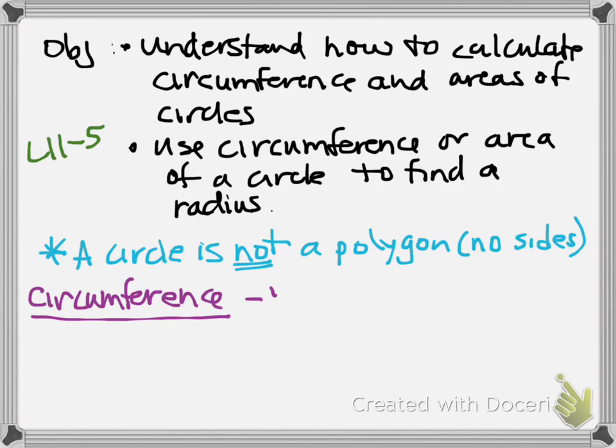So I'm going to use in quotations perimeter of a circle. Okay, so circumference is the perimeter of a circle. And again, we can't use that word technically with it because it has no sides, but it's just talking about the outer edge, which again, I can't even use that word because that evokes sides. It's the outer part of the circle, okay?